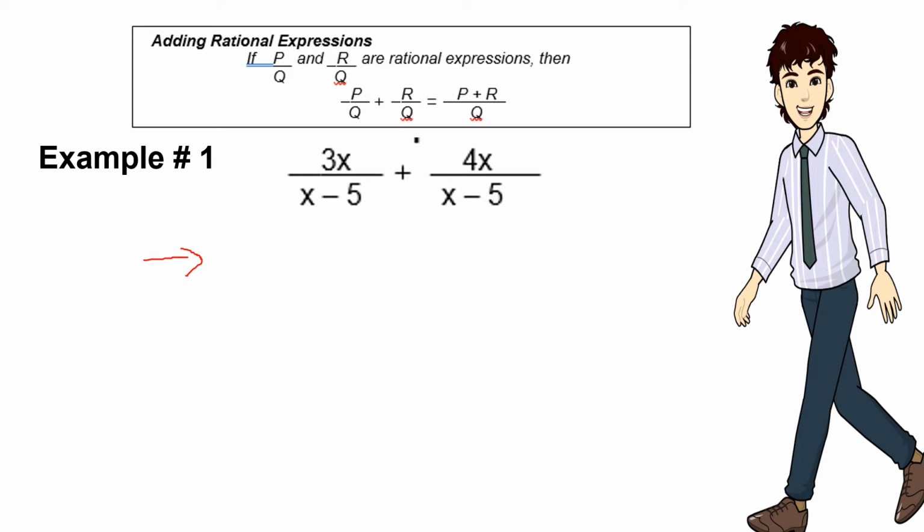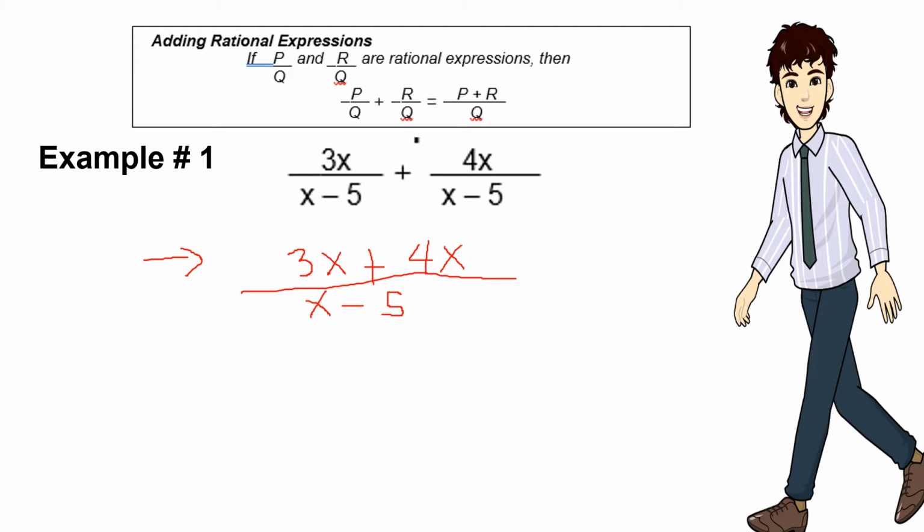So, gagawin lang natin, copy natin yung ating denominator since magkapareho yung ating denominator, copy lang siya, parang nasa fraction lang tayo. Then we are going to add the numerator. We have 3x plus 4x.